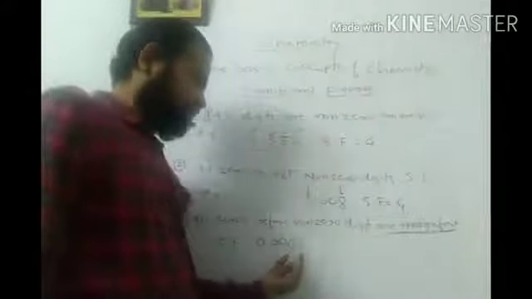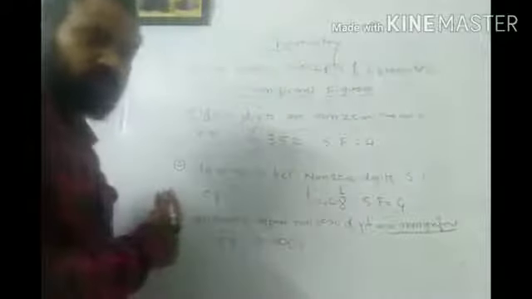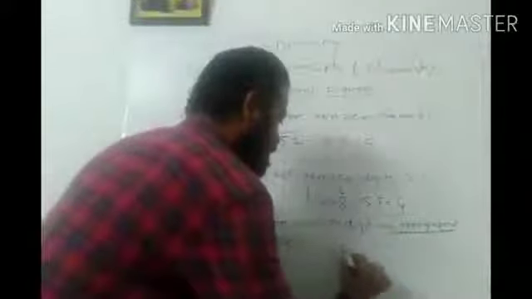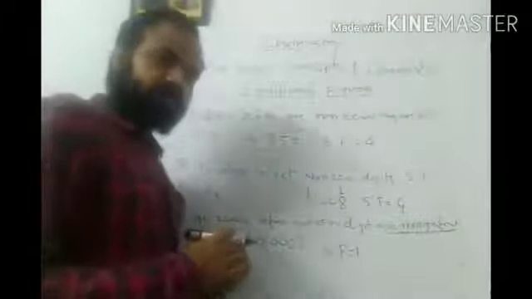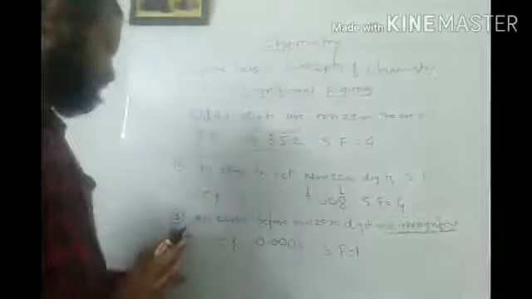If there are zeros before a non-zero digit, we don't consider them while writing down the significant figures. So the significant figure for this number is only 1. This is most important: if zeros are before the non-zero digit, we neglect them. That is what the rule says.